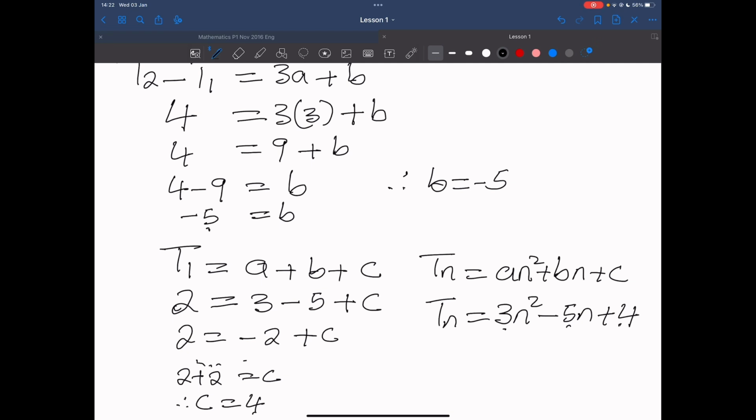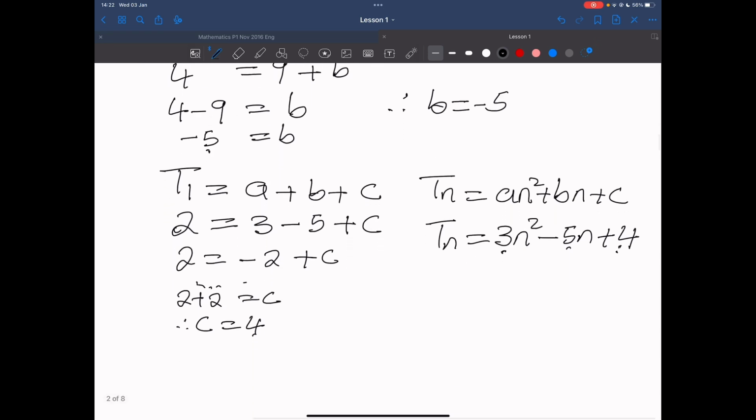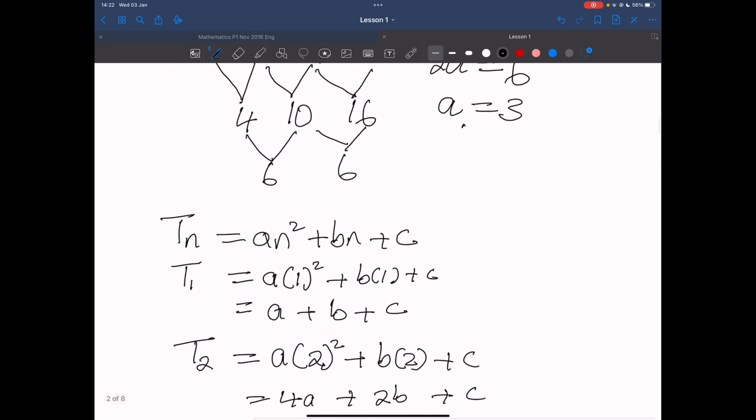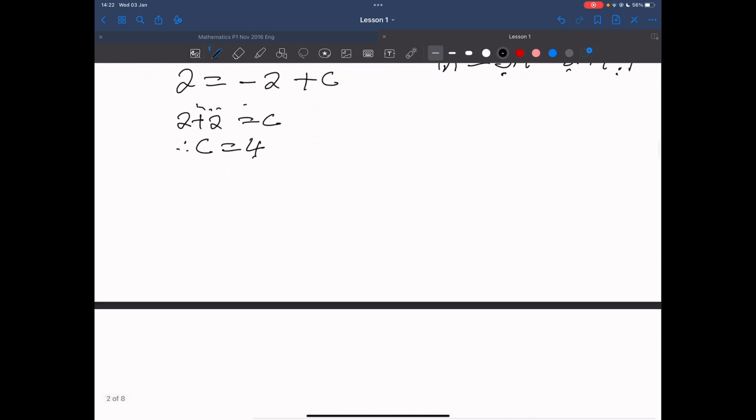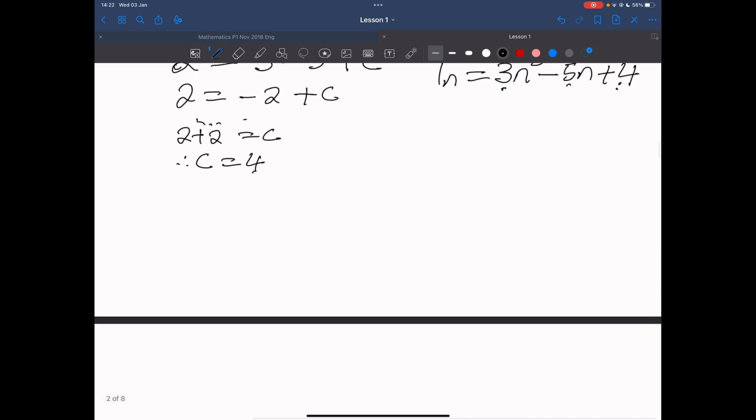So now I want us to look at a situation where after calculating a, we go to c before b. It is also possible. Let us go back to the same quadratic number pattern. We have 2, 6, 16, and 32. So already we have seen that a is 3.